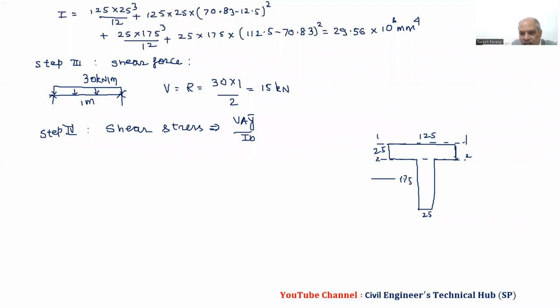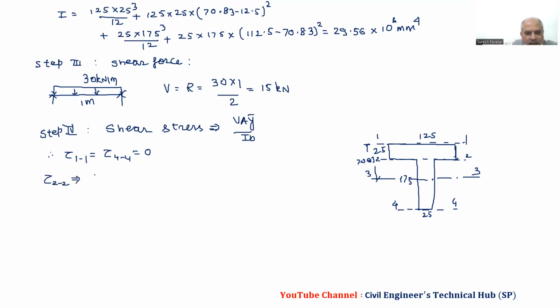Then we have the neutral axis, at 70.83, which will be the maximum value, 3, 3. And then at the bottom, which will be 4, 4. Therefore tau 1 1 equals tau 4 4 equals 0. Then we have tau 2 2.